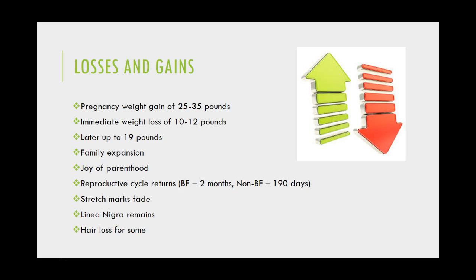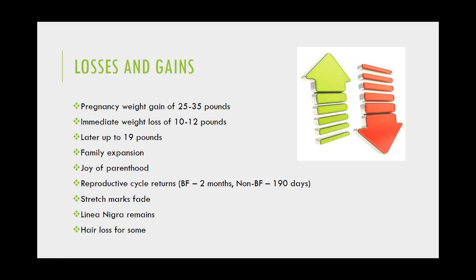The reproductive cycle for a mom will begin to return. If she's a non-breastfeeder, it'll begin to return in about 190 days, but with the breastfeeder, about 2 months. Stretch marks start to fade out. The linea nigra probably will remain.